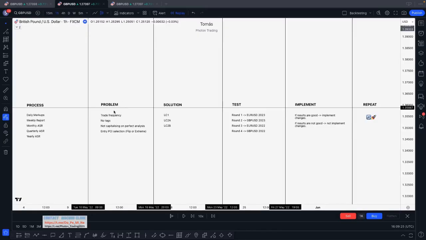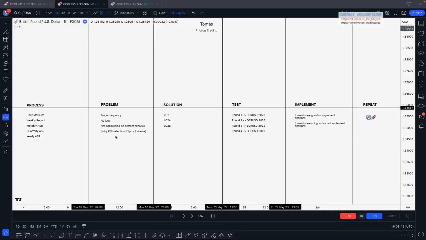So we started experiencing some low trade frequency over the quarter. Low trade frequency, some no tags, and also people forecast in detail, get the move correct, but unfortunately could not capitalize, okay?